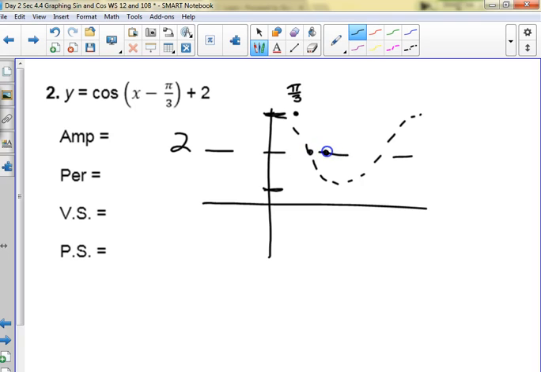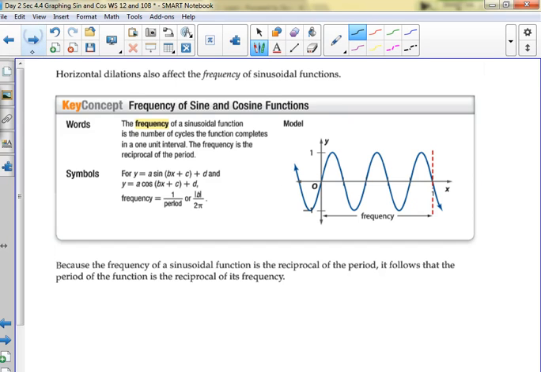Now it's going to shift to the right, pi over 3. This used to be pi. It's going to shift on your new graph to the right, pi over 3. This used to be 3 pi over 2. Everything's going to shift to the right. So just take your old points and add a pi over 3 onto everything. Graph a regular cosine graph, and then add a pi over 3 onto all of your x values. Okay, we can try that again tomorrow.